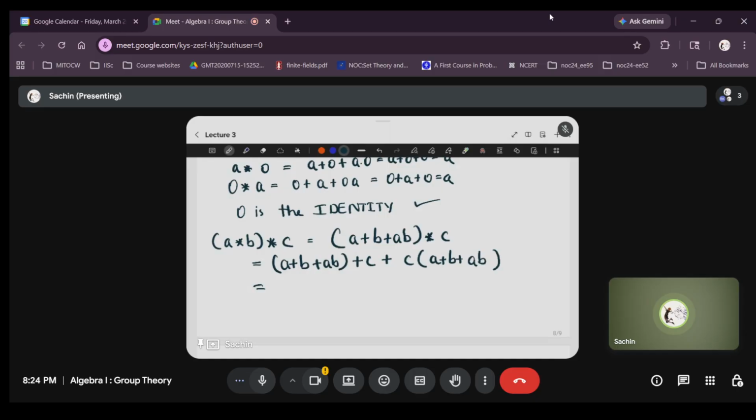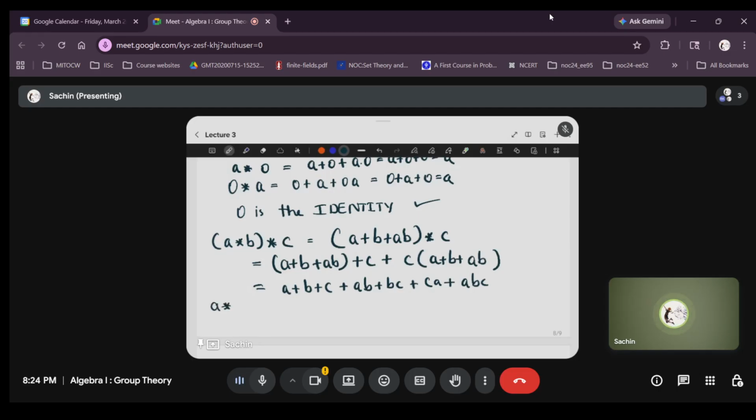Okay, so if we rearrange these terms, we can multiply C and A plus B plus AB, and then we can rearrange these terms to get A plus B plus C plus AB, then BC, and then CA, plus ABC.